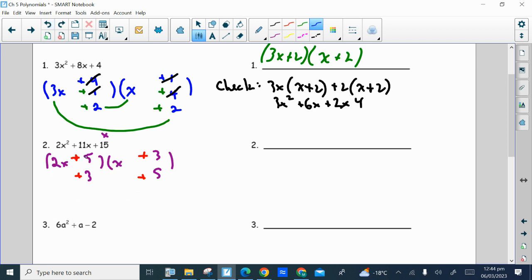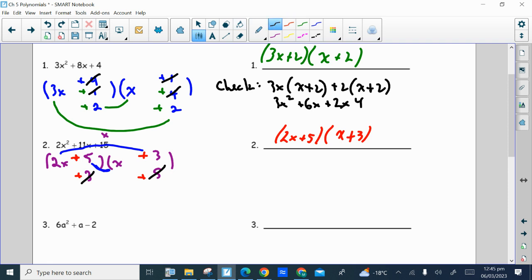So what if we did the plus 5 in the first bracket and the 3 in the second? So the outer products would be 6x. The inner products would be 5 times x, which is 5x. 6x and 5x does equal 11x. So it appears that our factors are 2x plus 5 and x plus 3.